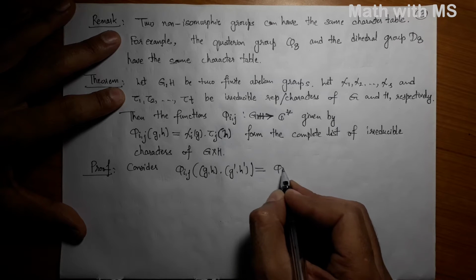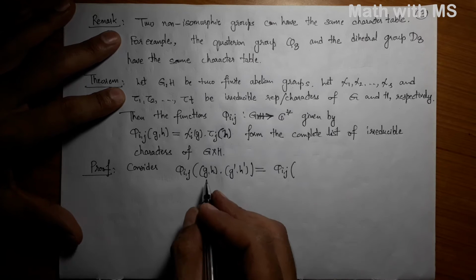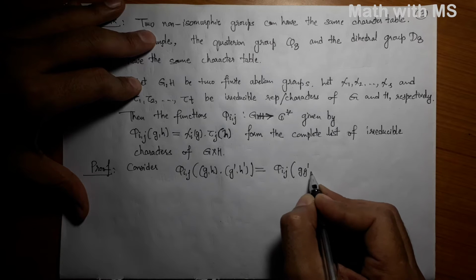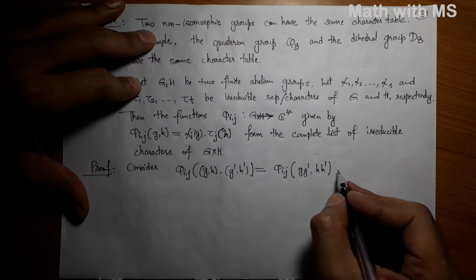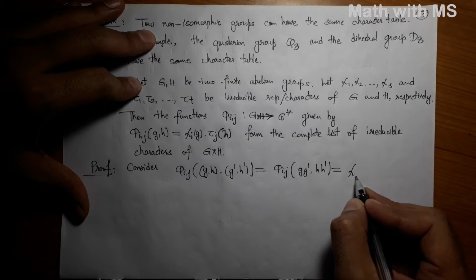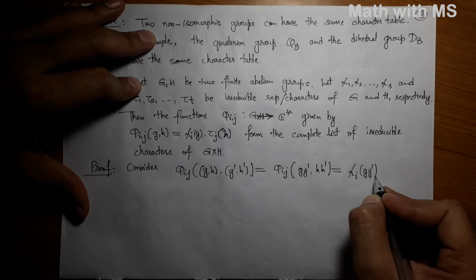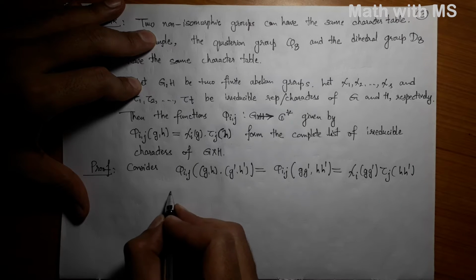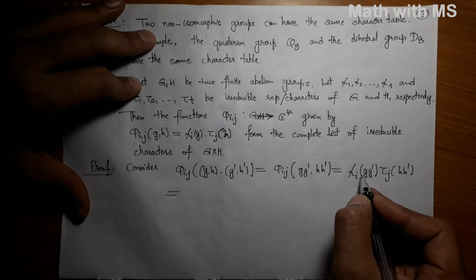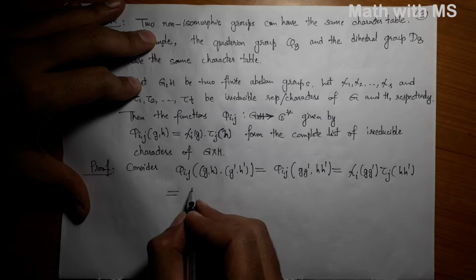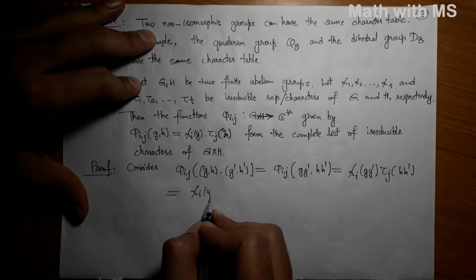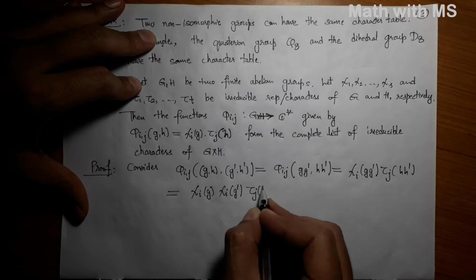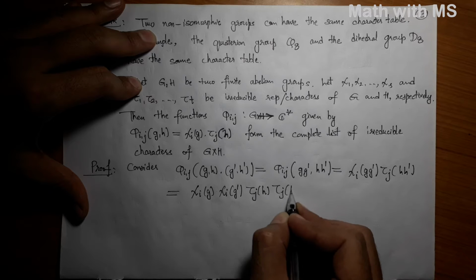By definition, the product here is coordinate wise, so it is phi ij of (gg',hh'), and this by definition is chi i of gg' times tau j of hh', which is the same as, since each of chi i and tau j is a homomorphism, chi i of g, chi i of g', tau j of h, tau j of h'.